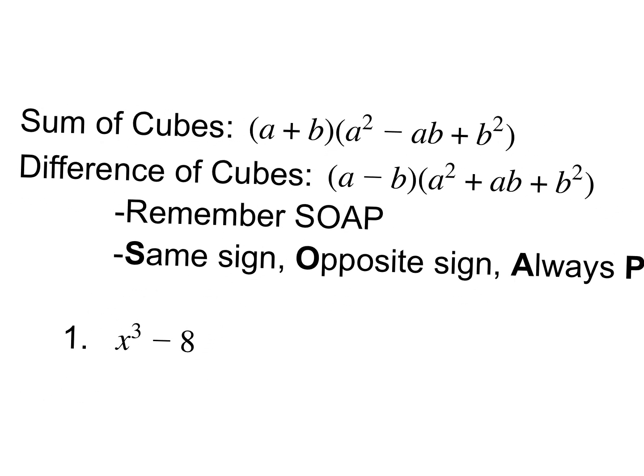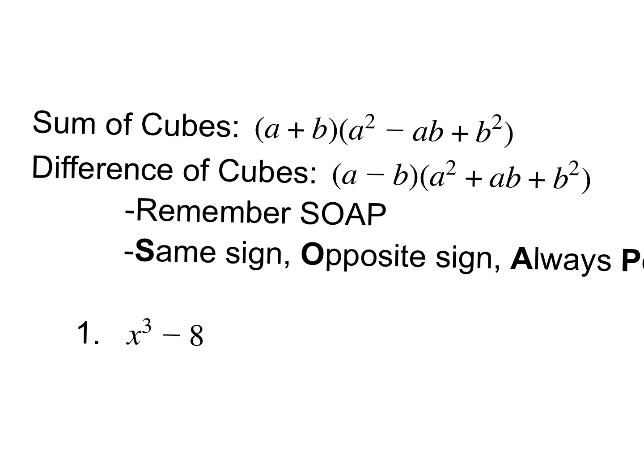As you look at this pattern, just notice that these things are in the same order. The only thing that changes is the operations between the terms. So we have A and B in the first set of parentheses, A squared to start the second parentheses, A times B as the second term there, and then lastly we end up with a B squared.